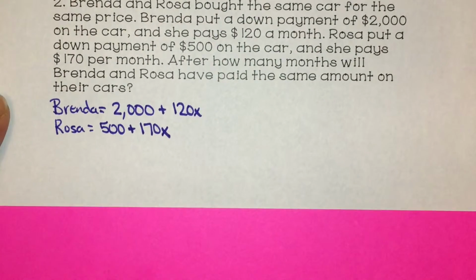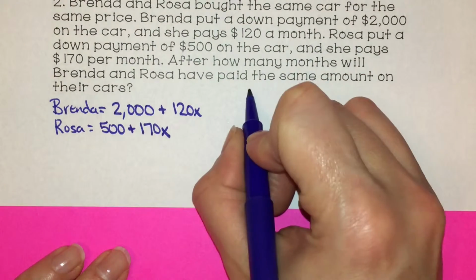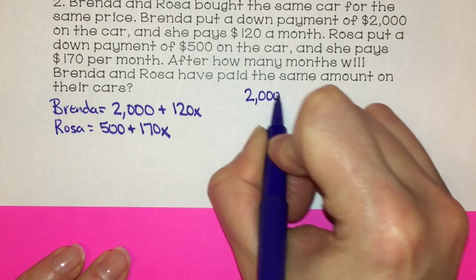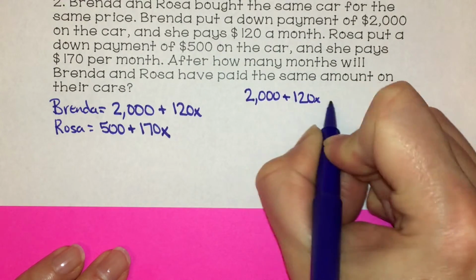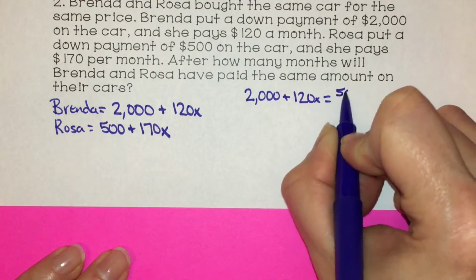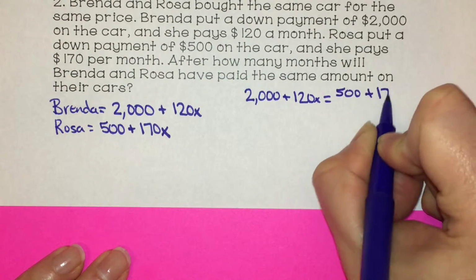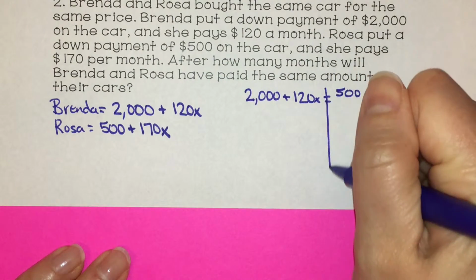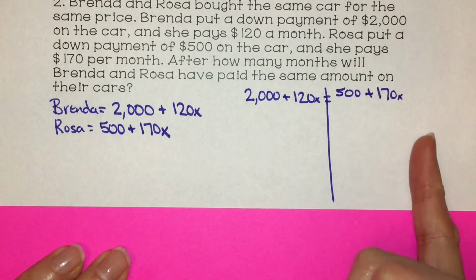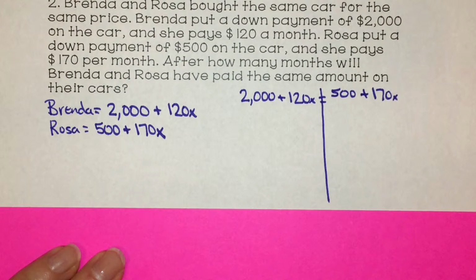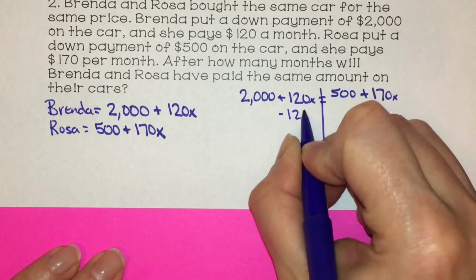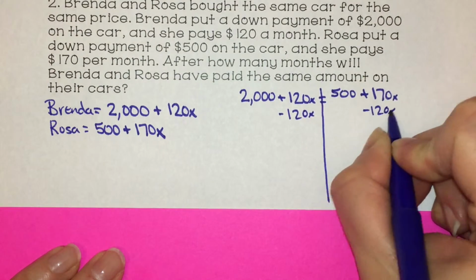So to figure out when they're equal or the same, just set them equal. So we have 2,000 plus 120x is equal to 500 plus 170x. Here, I'm going to move my variables to the right just to keep it positive. If you moved your variables to the left, it's exactly the same. So subtract 120x on both sides.